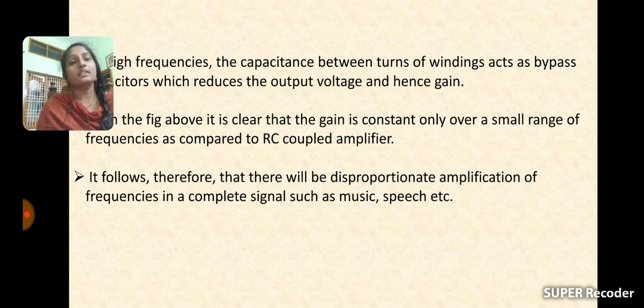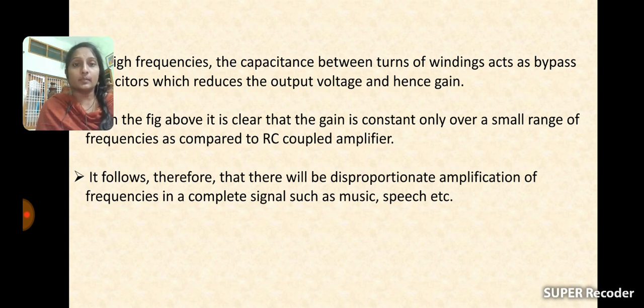The capacitance between the turns of winding acts as a bypass capacitor. Okay, it is reduced at high frequencies and at low frequencies. Why is it reduced at high frequencies? Because the capacitance between the turns of winding acts as a bypass capacitor, so that it will reduce the output voltage and hence gain.